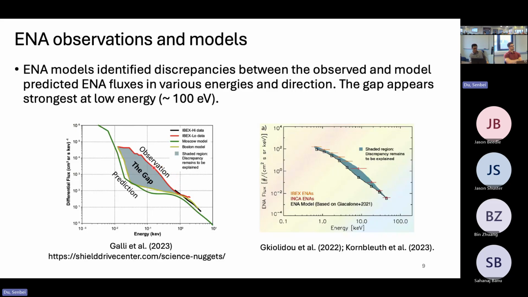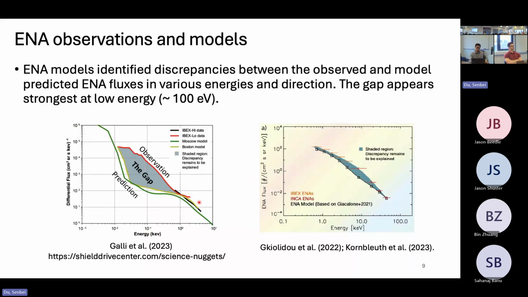The most significant one is at these lower energies, about 0.1 keV, so we call that the ENA gap. There's also a little bit smaller gap at higher energy, about 10 keV. I'm going to mostly talk about this low energy gap today.